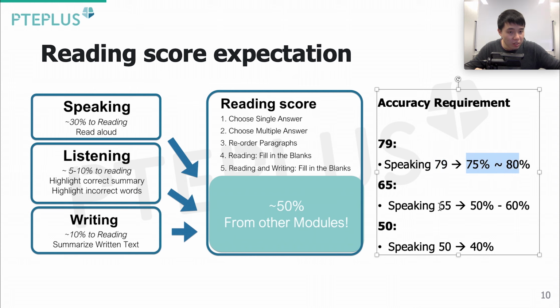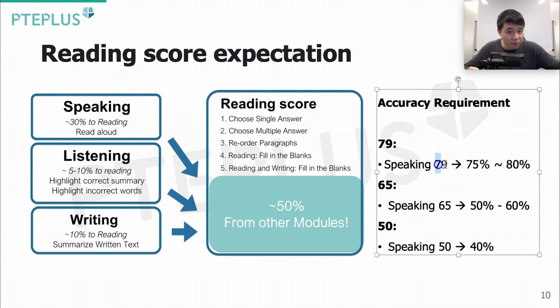So for example, if your targeted score is 65, then given that you can consistently achieve 65 for speaking, the average accuracy for your reading question types should only be around 50 to 60%.